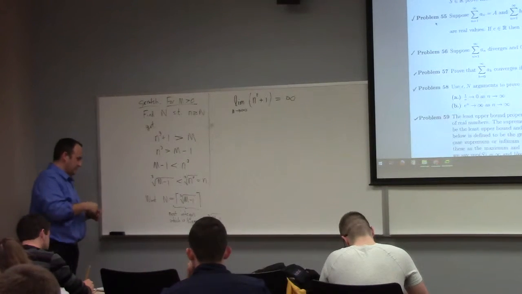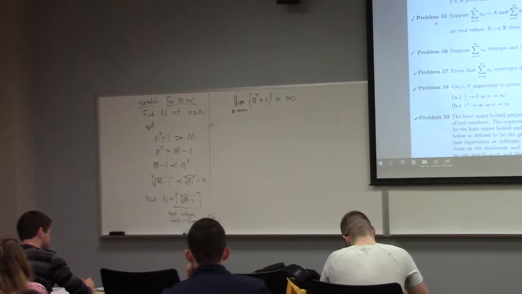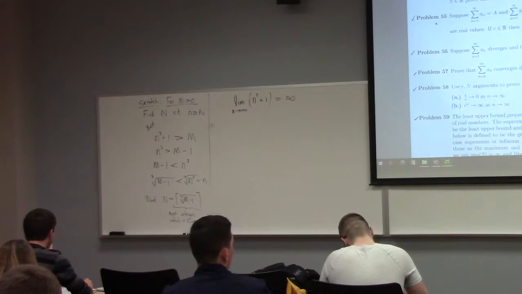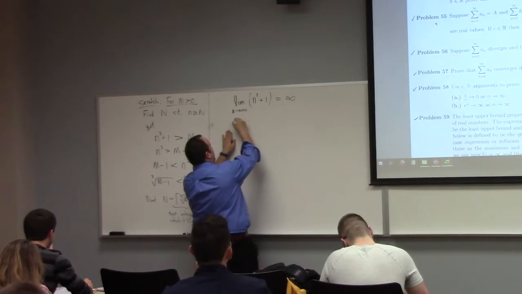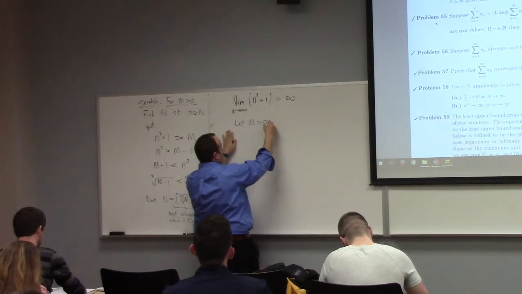Now, this is just like the man behind the curtain, so to speak. Let me write the solution over here. So this kind of proof should always begin with the following. Let M be greater than 0.